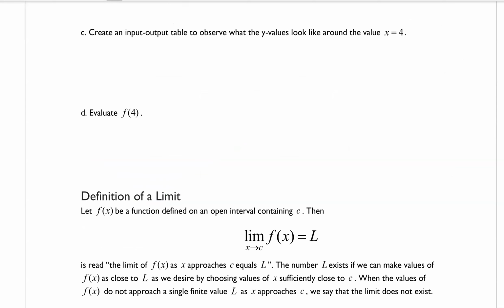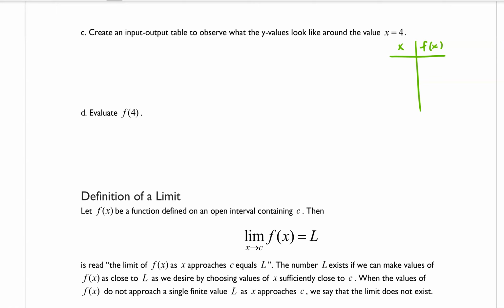Part C wants us to create an input-output table to observe what the y values look like around the value x equals 4. So basically, we are wanting to make an xy table or an f of x table. And we want to see what happens for our output values when we choose x values that are very close to 4. So we might choose like 3.9, 3.99, 3.999.